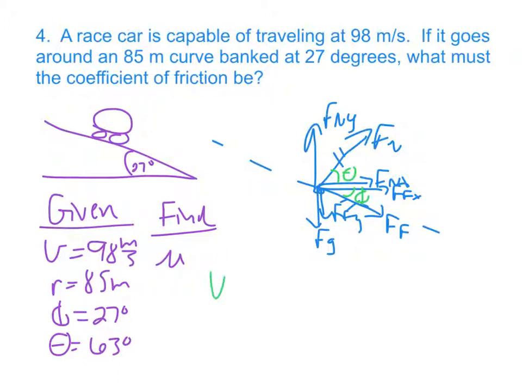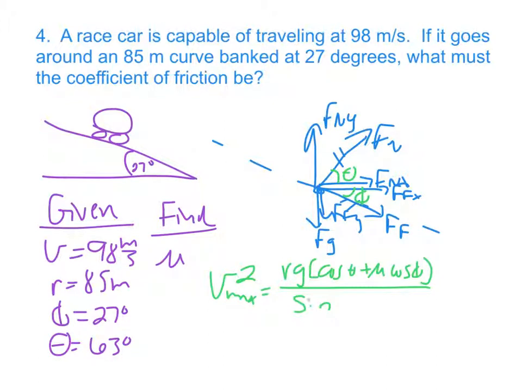So we know that for maximum speed, Vmax squared equals Rg cosine theta plus mu cosine phi over sine theta minus mu sine phi. And here we're looking for mu.